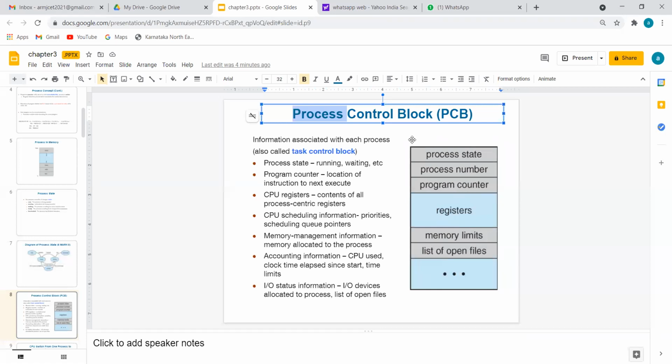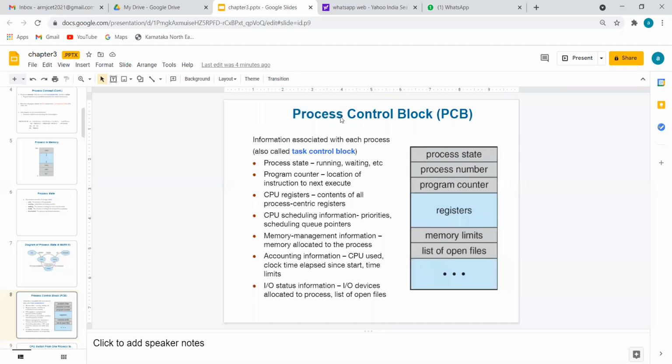Very simply, what student details did we store in a data structure lab? Student USN, student name, subjects, internal marks 1, internal marks 2, semester result, practical marks, etc. In the same way, we store all the information related to a process in a structure.